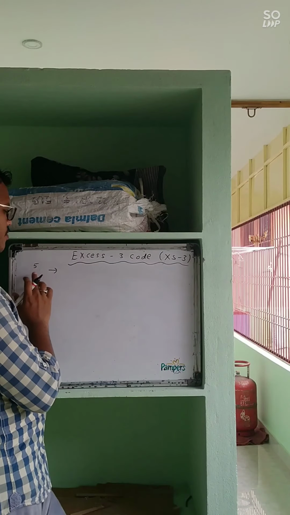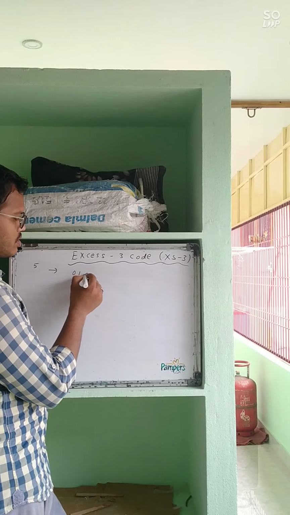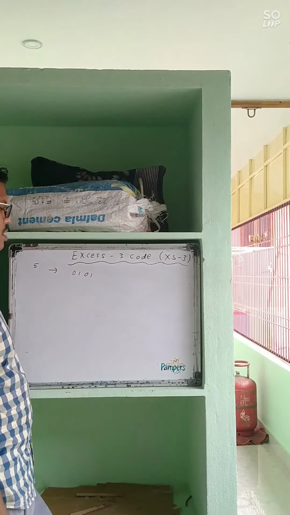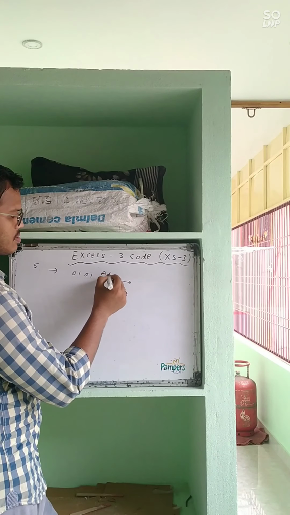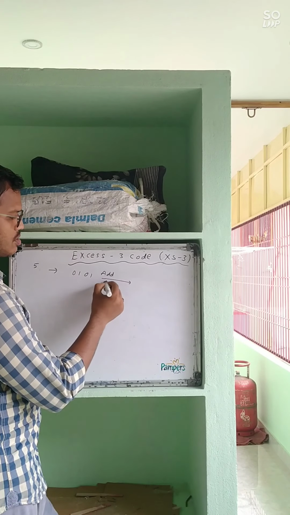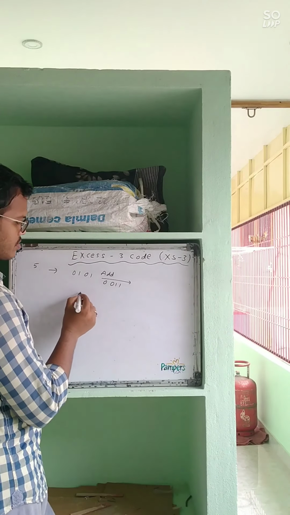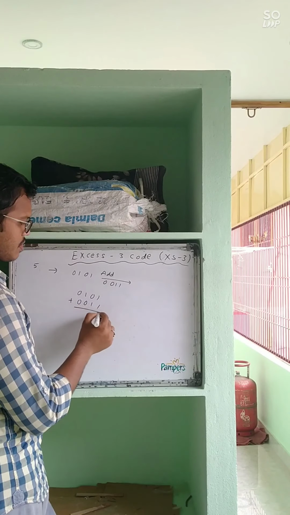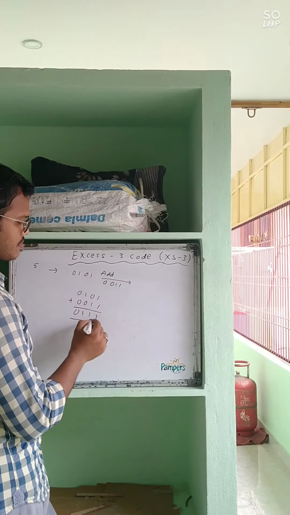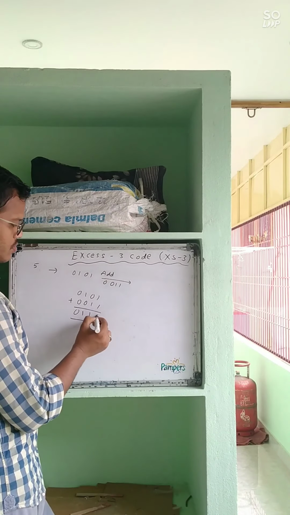We can convert 5 into the BCD 0101, right? So add 3 to it, 0011. If we add 0011, we get 1000.